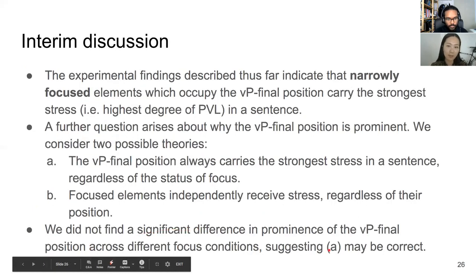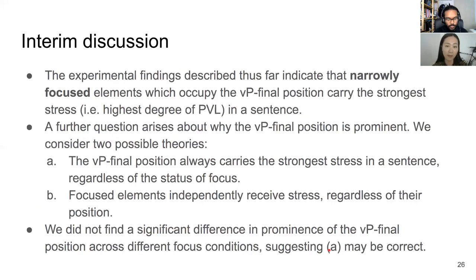So as an interim discussion, the findings described thus far indicate that narrowly focused elements which occupy the VP final position carry the strongest stress indicated by the highest degree of penultimate vowel lengthening in a sentence. A further question then arises about why this is the case. We consider two possible theories.